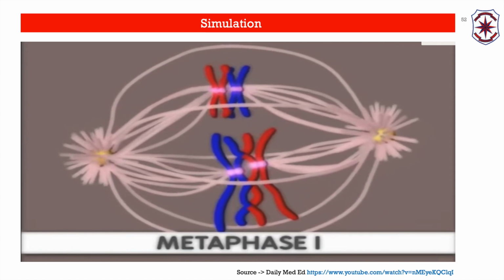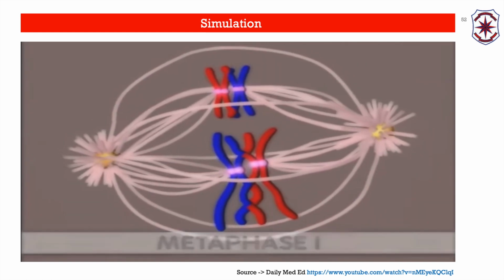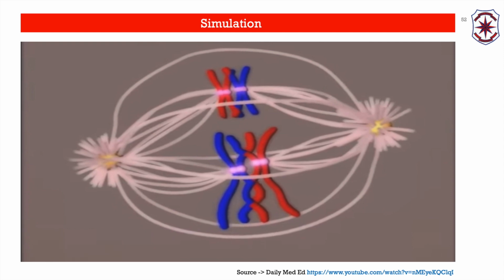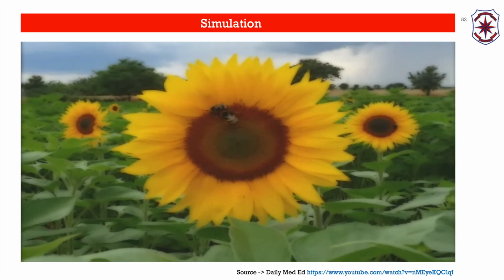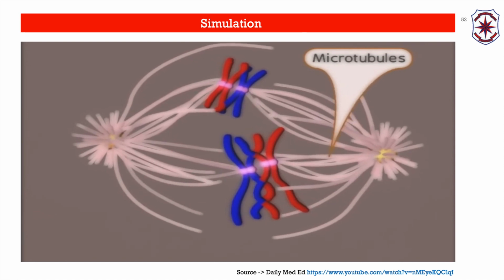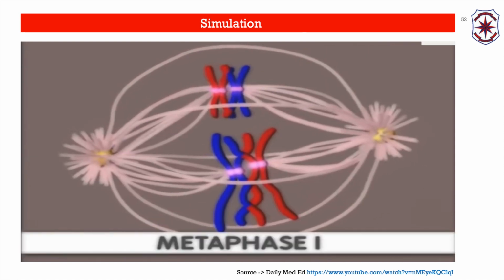So this is now the beginning of anaphase 1. During anaphase 1, what do we expect to happen? We expect that the spindle fibers will contract.